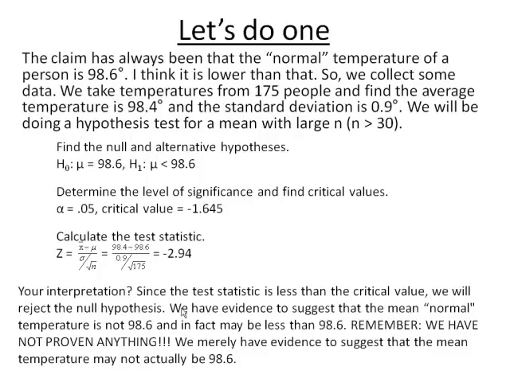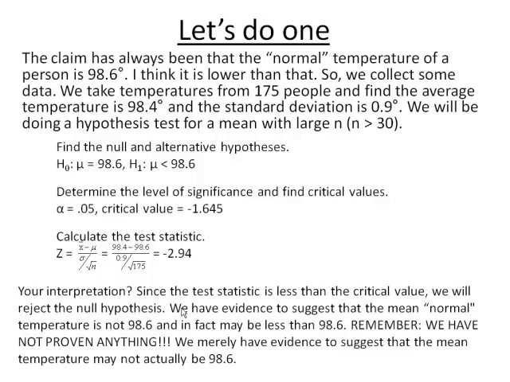So our interpretation, well, since the test statistic is less than the critical value, we will reject the null hypothesis. So it seems we have evidence to show that, well, maybe in fact our assumption of 98.6 isn't a good one, and in fact perhaps the average temperature is lower than 98.6.